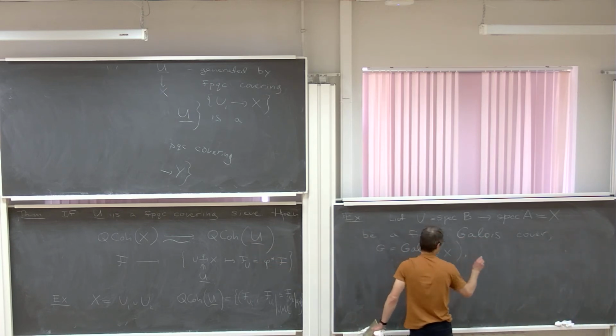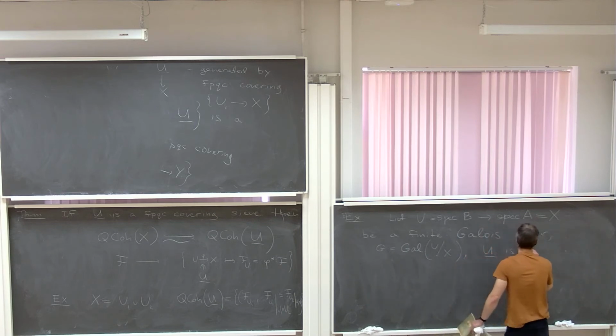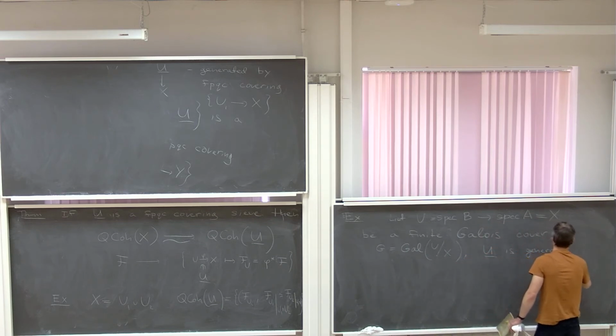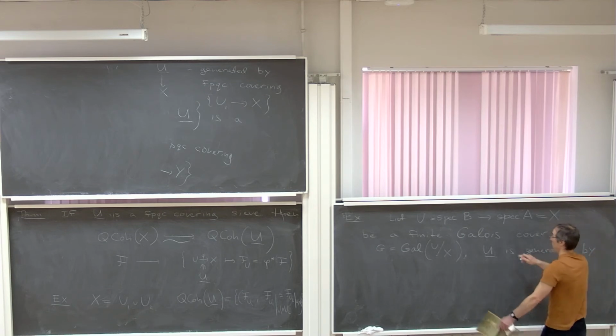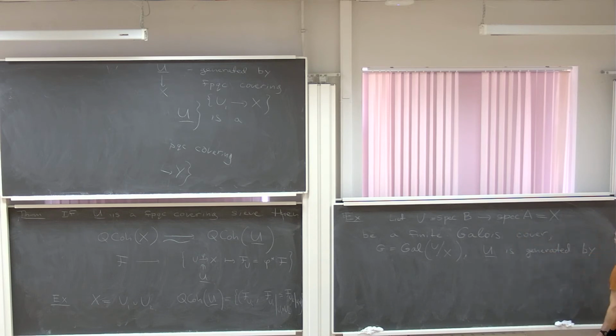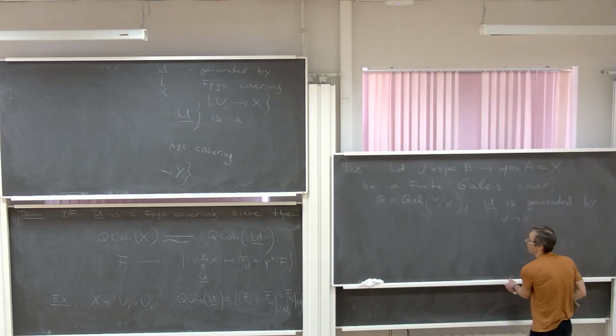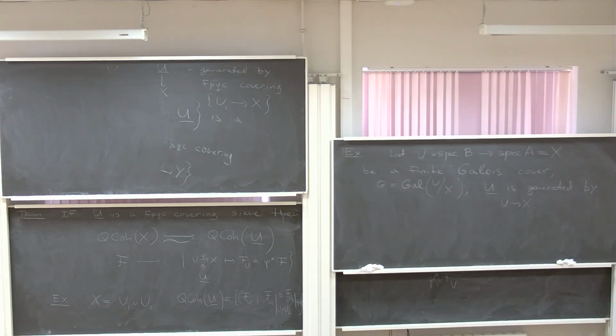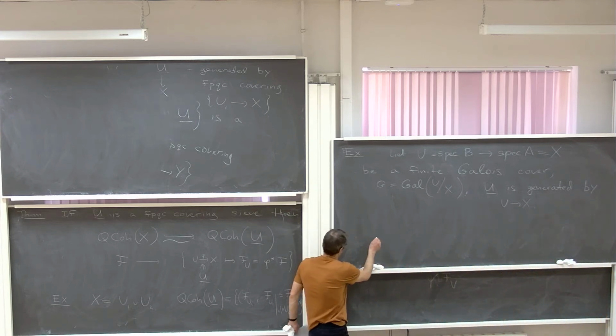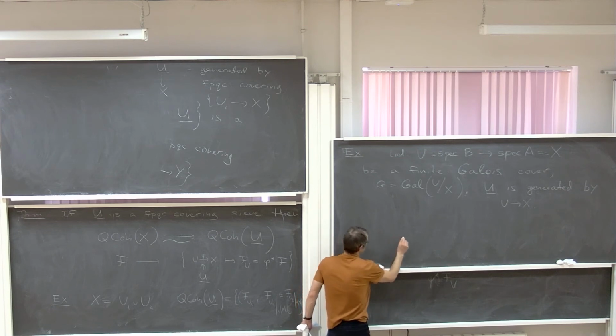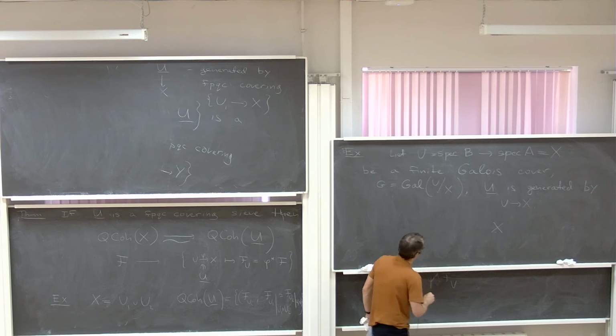So U is generated by this single étale cover, so it's a finite étale cover by U to X. So what is this category?